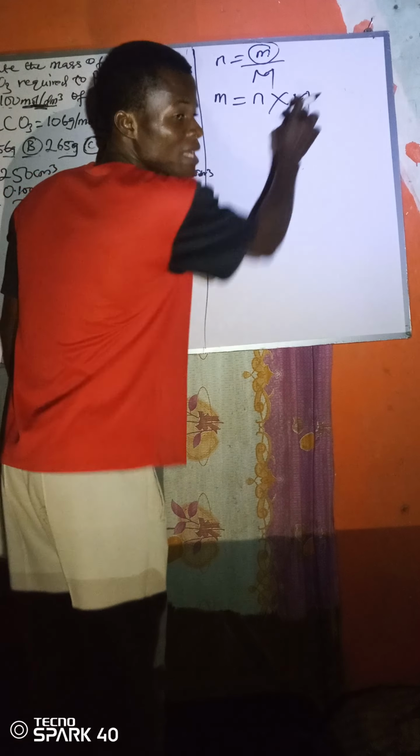Now, this is molar mass, and the molar mass of the compound is being given to you. Look at the molar mass of the compound, which is 106 gram per mole.